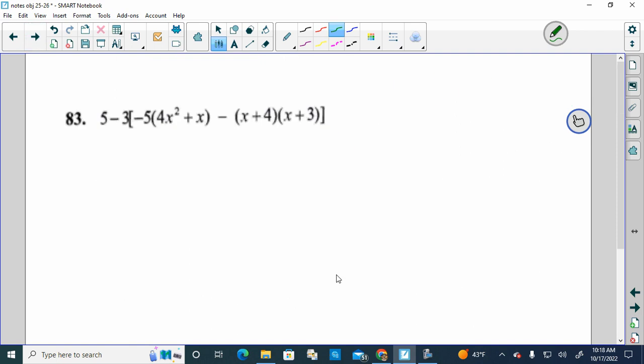Got some brackets. These will be the longest ones, obviously. Okay, so that says 5 minus 3, and then it's a bracket. And then -5 parentheses 4x squared plus x, into parentheses minus x plus 4 with the parentheses around it, and then x plus 3 with parentheses around it, and then into bracket.